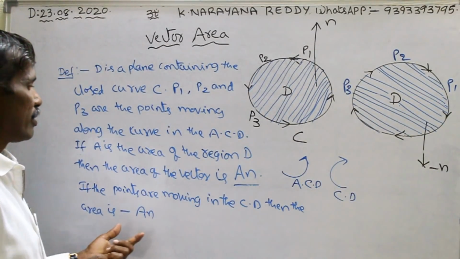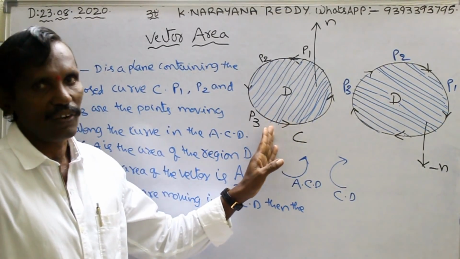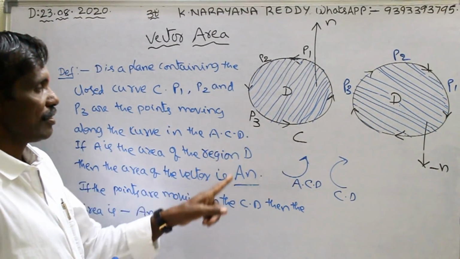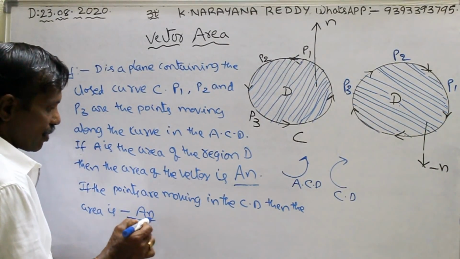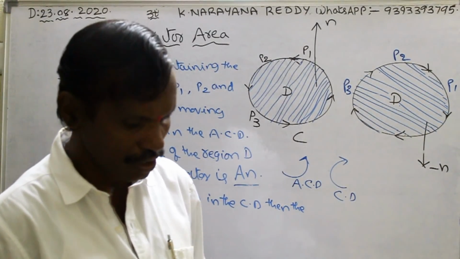Okay, that is the difference between clockwise and anti-clockwise. Clockwise is minus A n and anti-clockwise is A n. Those are the differences between the clockwise and anti-clockwise directions. Simple.